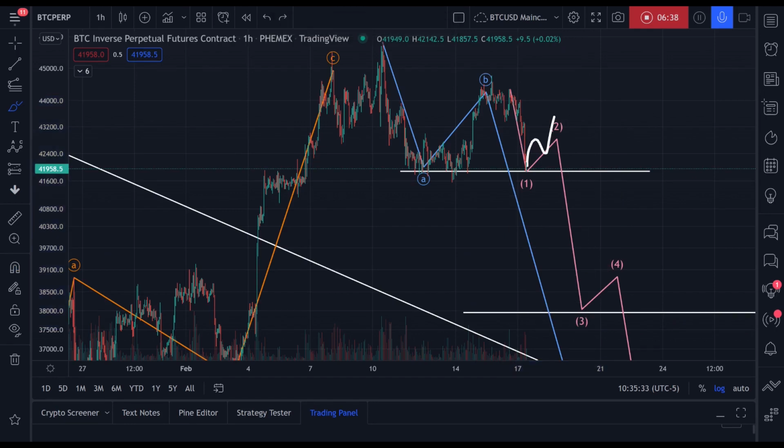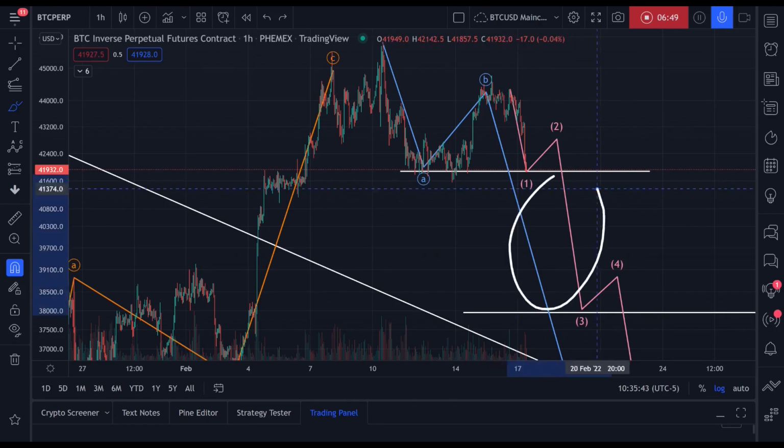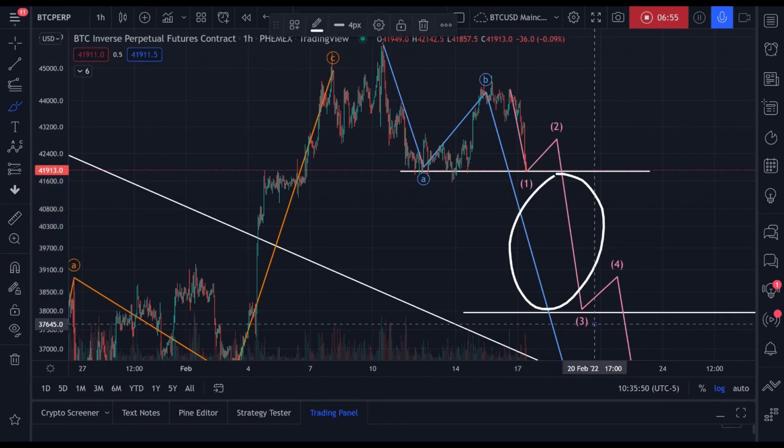The third wave is typically the most impulsive, typically the longest of the Elliott waves in an impulse. I don't think this is going to be the longest, but I think that many people will get the message that yes, we are in a downtrend if we do come into this third wave, if this analysis is correct.